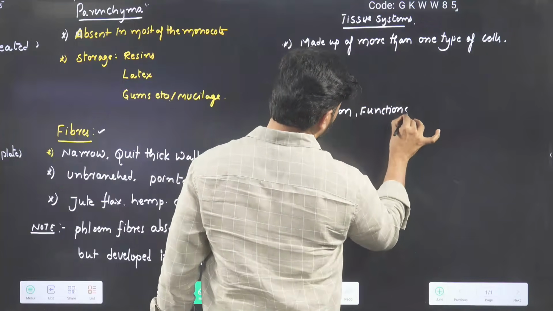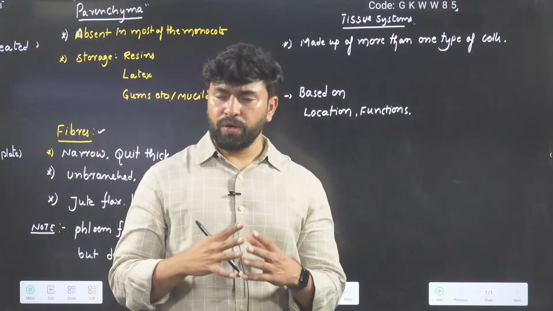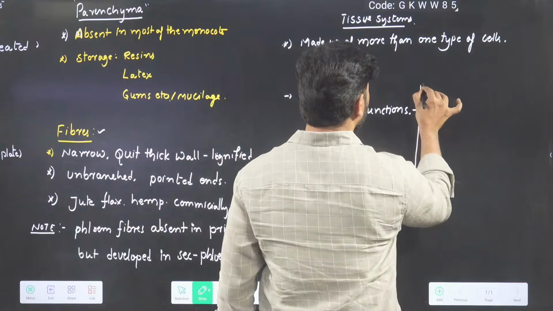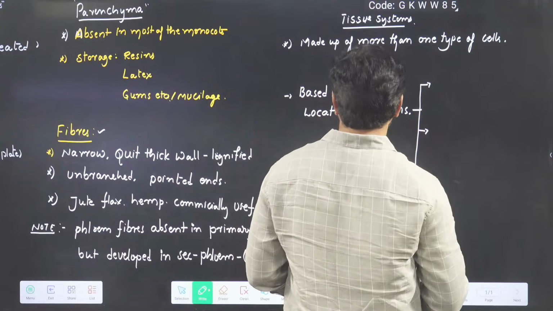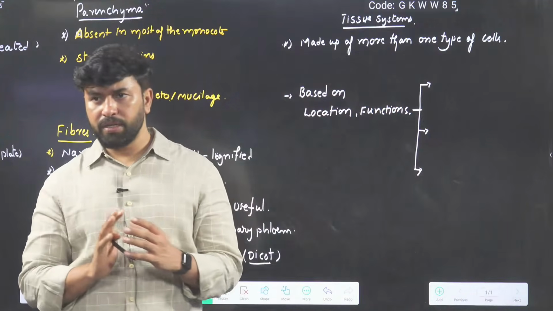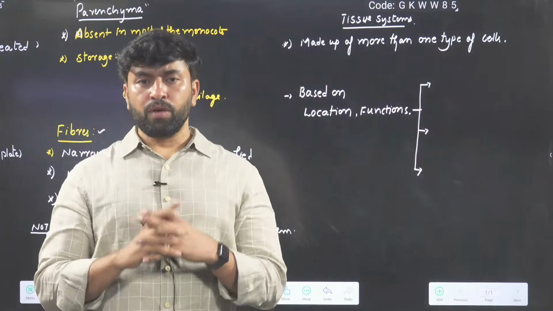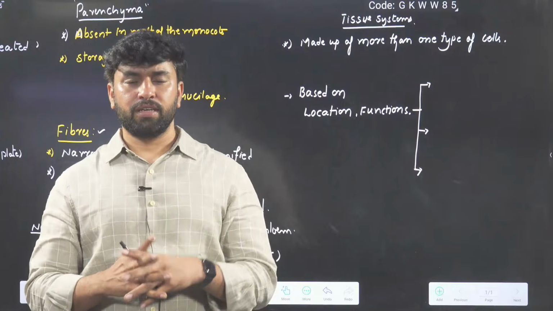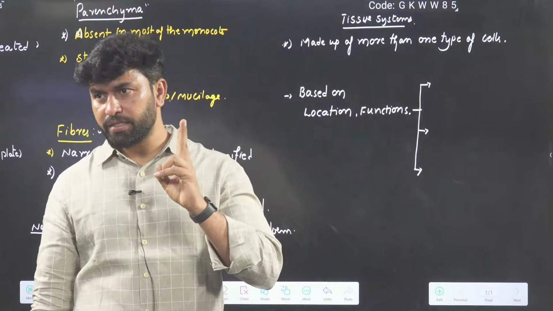Two criteria are there to classify tissue systems: one is where they are present, another is what they do, their function. Keep this statement in mind perfectly. Whenever they ask what criteria are there to classify tissue systems, one is location, another is function. Only two criteria are there.